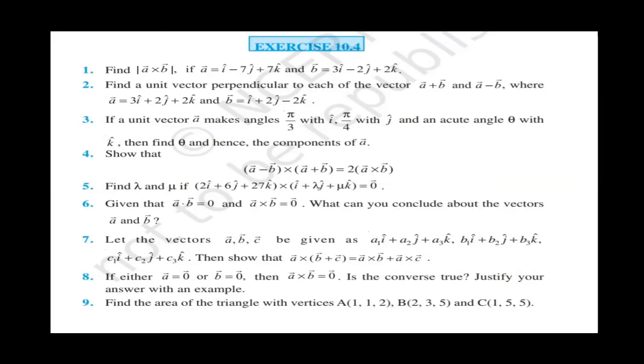Question number 6. Given that the dot product between a bar and b bar is 0 and the cross product is also 0 bar, to be precise, what can you conclude about the vectors a bar and b bar?